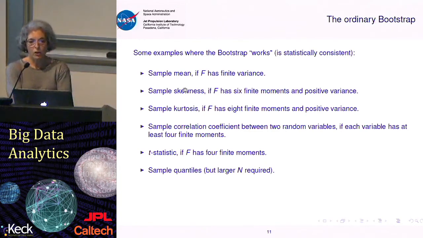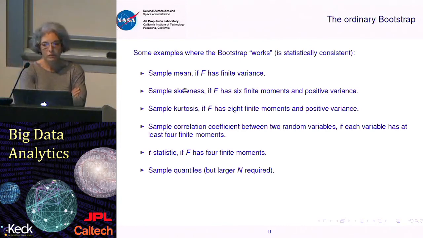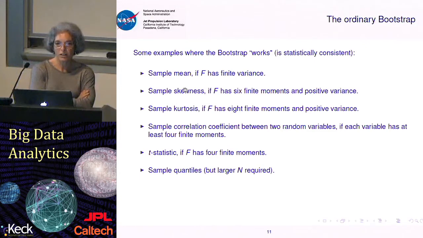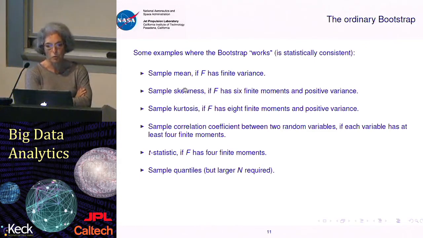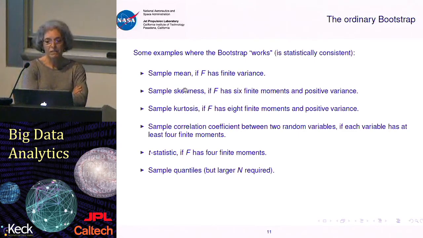The bootstrap does work in the sense of being statistically consistent where things are nice, and you've probably heard nice in your math classes before. Nice in this case means we're working with a nicely behaved transformation G, or form of theta hat, like the mean, and if the true process distribution has a finite variance or has some other nice features about it, and I've listed some of them here.